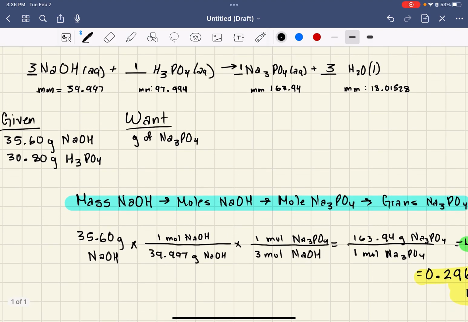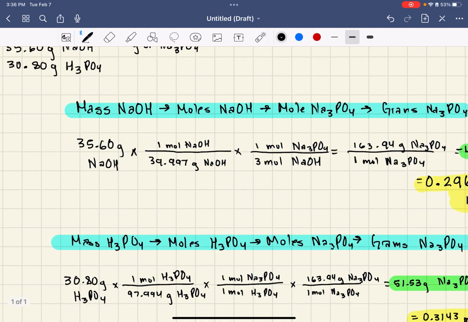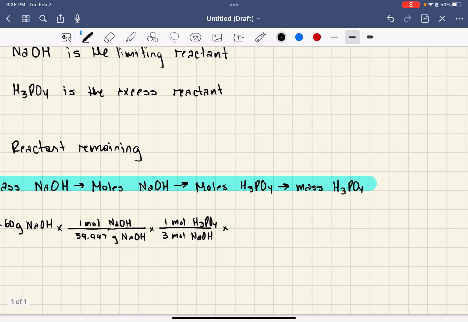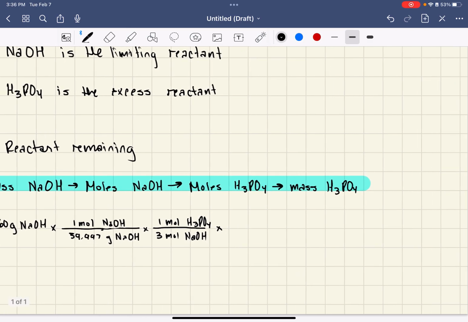The ratio is going to be 1/3 because we're only dealing with the reactant side. And here we're going to find first the moles, just for good practice.